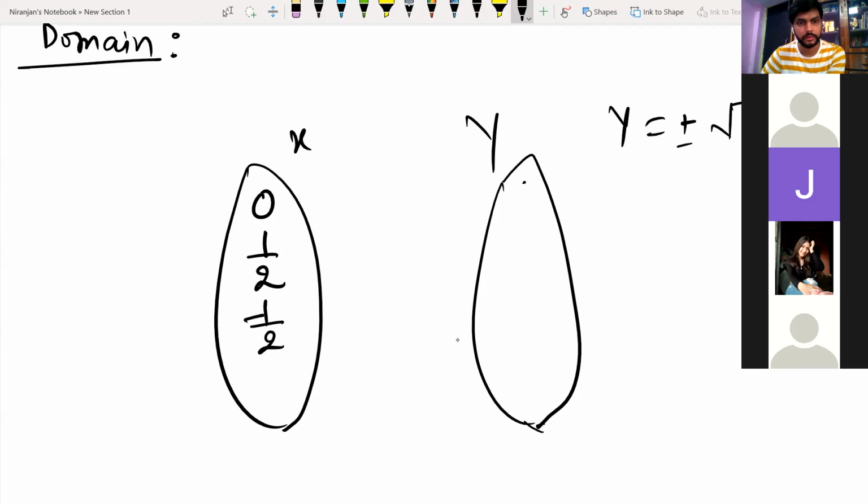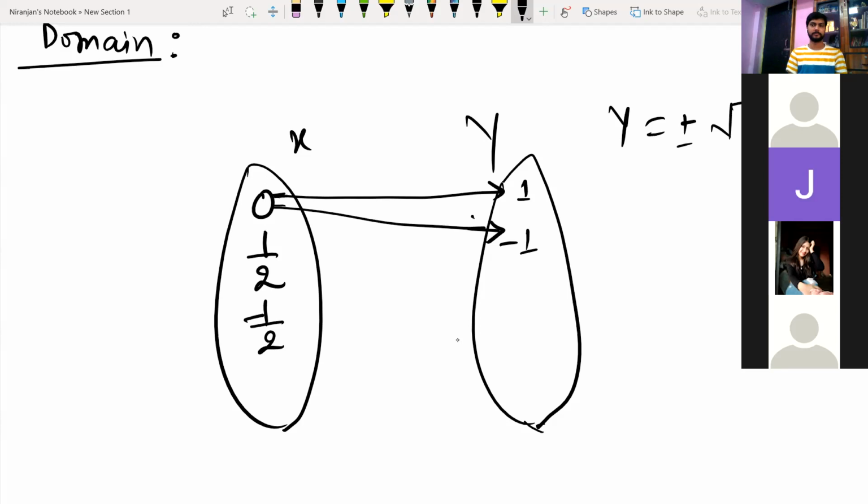Now, at 0, what would you get? 1, minus 1, right? So at one input, you're getting 2 outputs. How is that a unique relationship? Just tell me, is that unique or not?